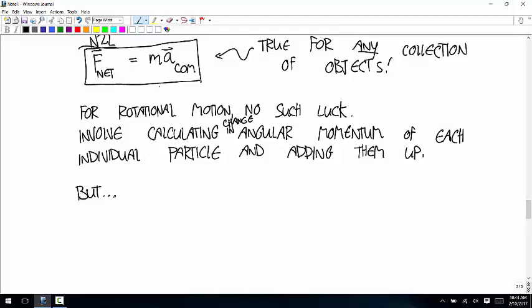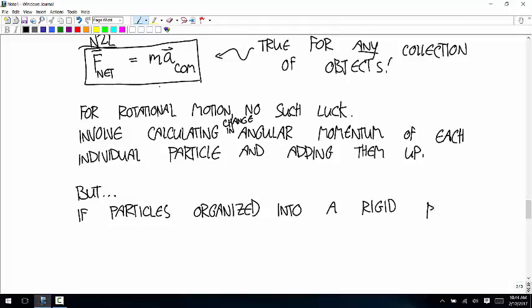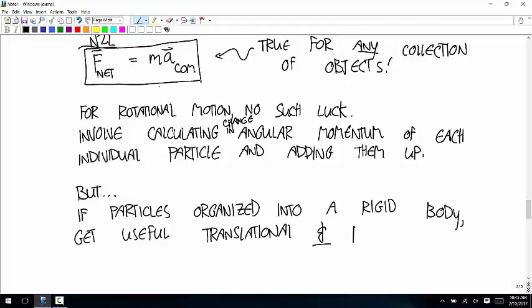But if the particles are organized into a rigid body, you get a useful translational equation and rotational equation.